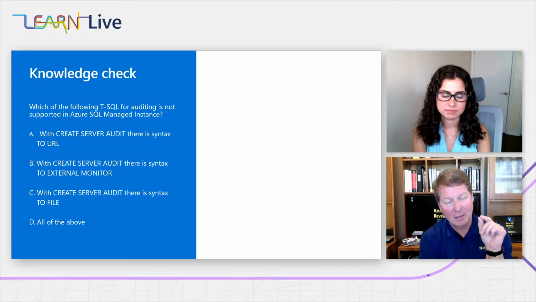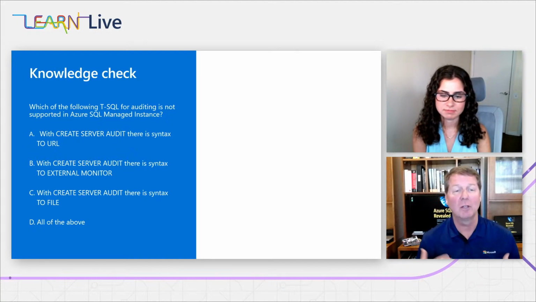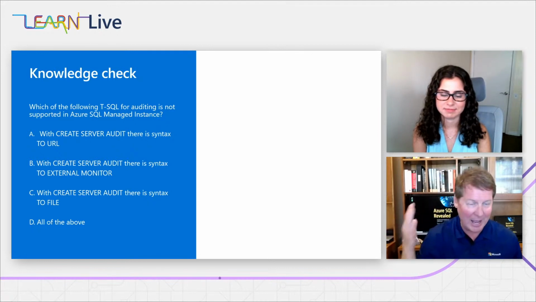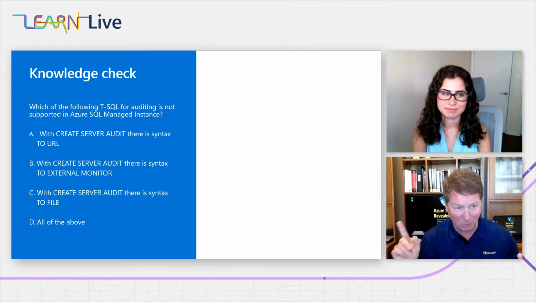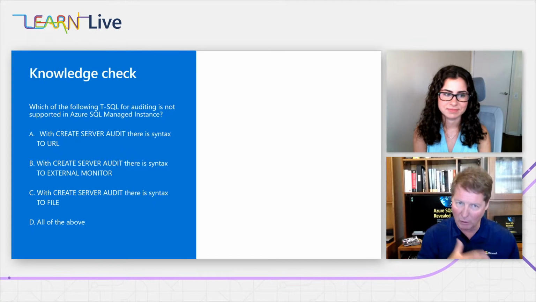Okay. So look at what we talked about. We said you can do SQL audits to Azure storage, and therefore answer A can't apply because it says not supported. We talked about doing auditing to things like Event Hubs or other resources. So B works, therefore not doesn't apply. And it can't be all of the above because A and B can't apply.